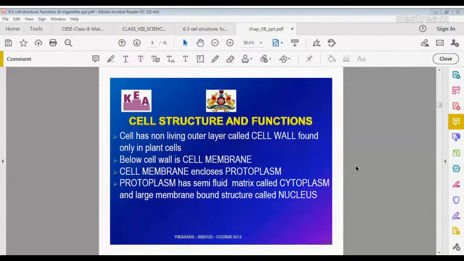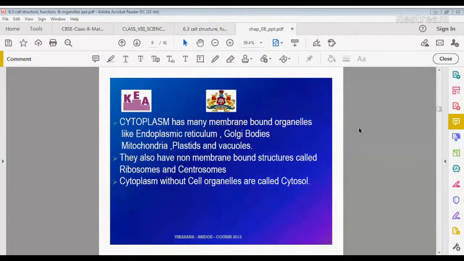The cell membrane encloses protoplasm, and the protoplasm has a semi-fluid matrix called cytoplasm and a large membrane-bound structure called nucleus. Now, what is cytoplasm?